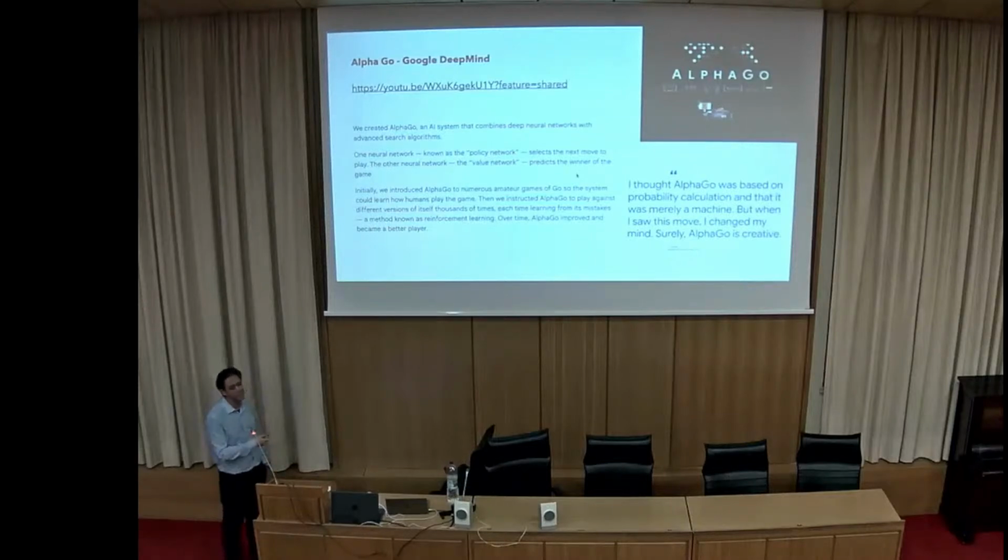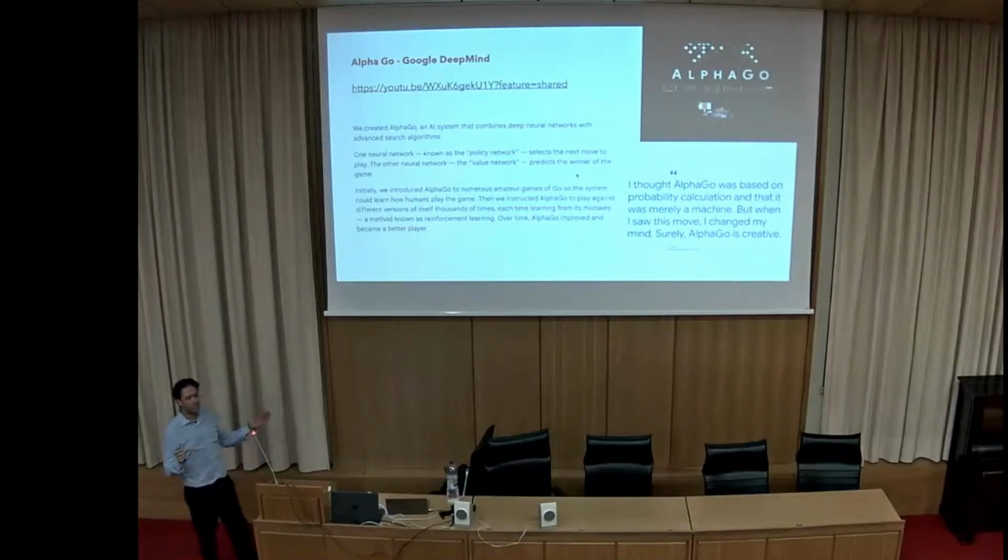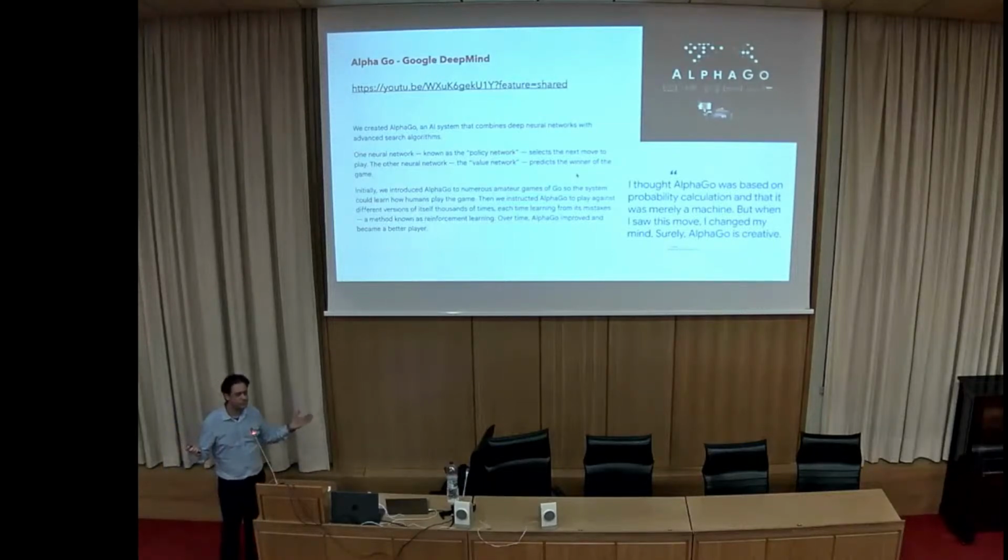So in this documentary, you will see at some point when they play, I think, game 2, where the algorithm, the machine, makes a completely unexpected move that no human would ever do. That's move 37, okay? And then people just look at it and wonder, why did it make that move? And that move completely changes the game and gives the victory to the AI.